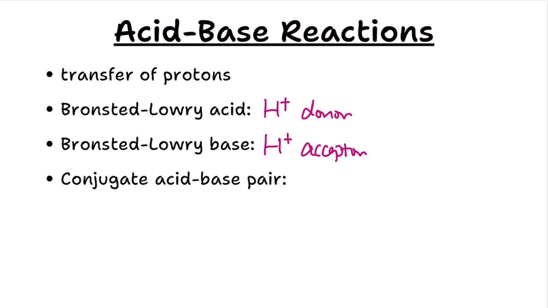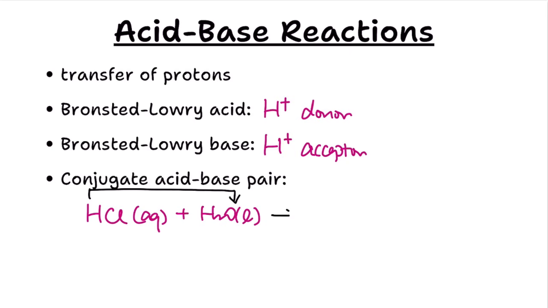So according to the Bronsted-Lowry model, the acid might have a pH value that's greater than 7 or even equal to 7. And the Bronsted-Lowry base might not be an actual base when you measure the pH value. And once the Bronsted-Lowry acid has lost a proton, we call it the conjugate base of that acid. So for example, when hydrochloric acid, HCl, reacts with a water molecule, H2O, and donates its proton to the water molecule, it becomes chloride, Cl-, and hydronium ion, H3O+.